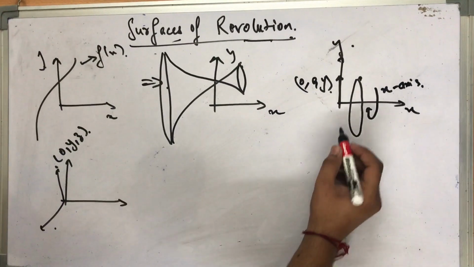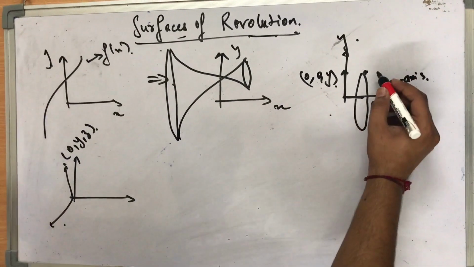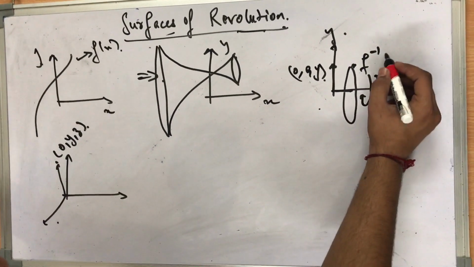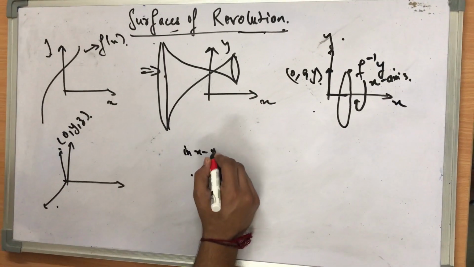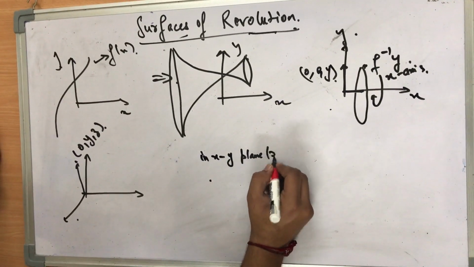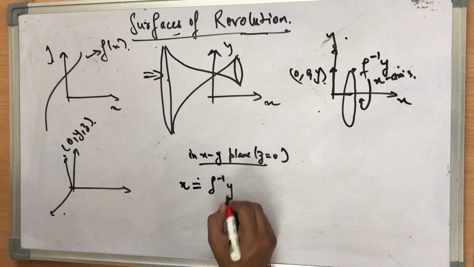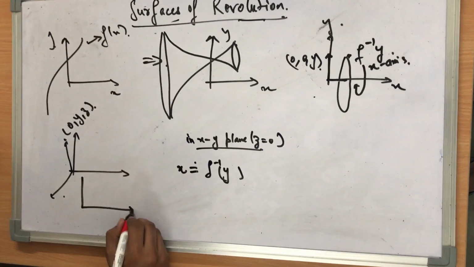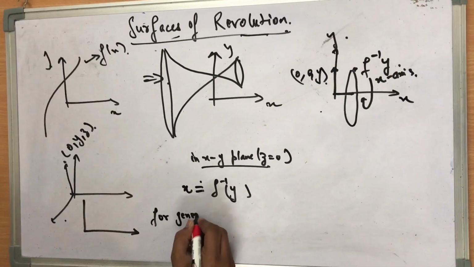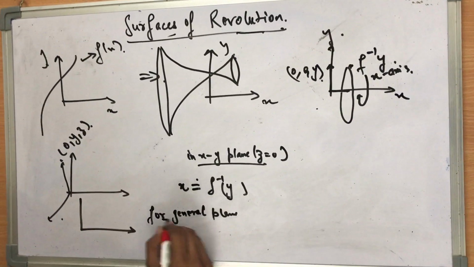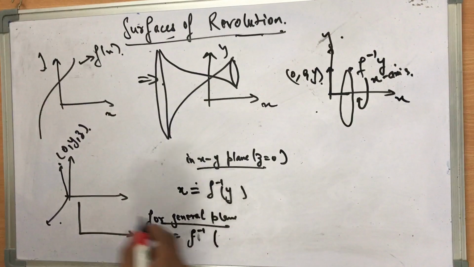So basically here, if this is the x and say this is the point f inverse of y, in the xy plane where z is 0, x equals f inverse y. For a general plane, I have x equal to f inverse of the mod of this vector.